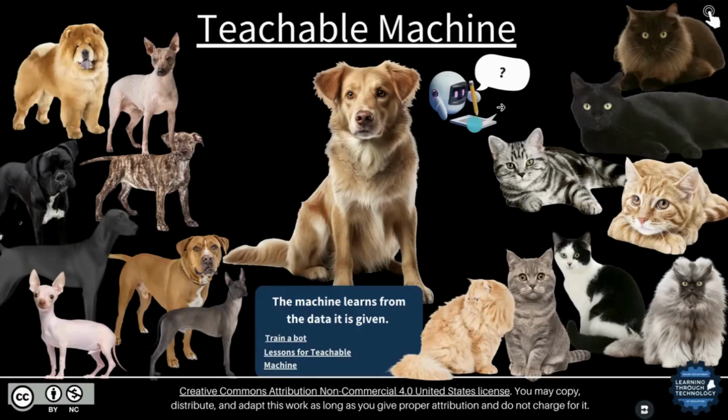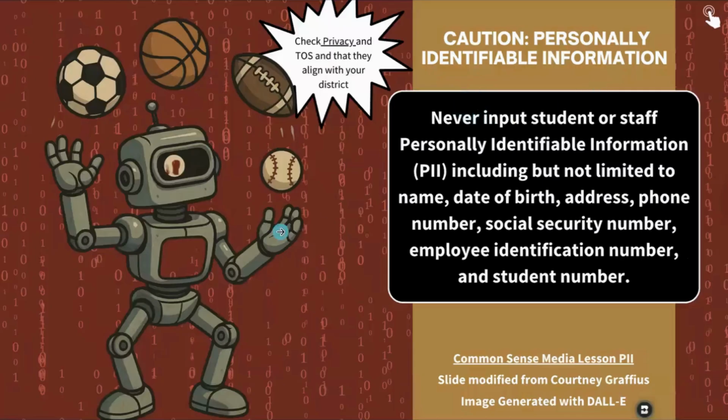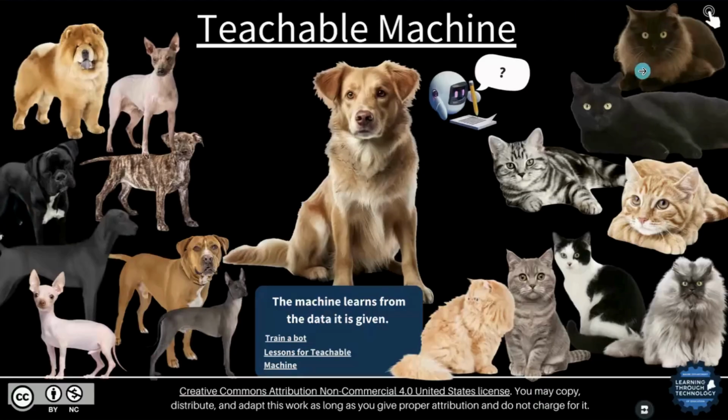Our little AI system only has what we gave it. It has these cats and these dogs. So most likely when you say to the AI, what is this animal, this new one that we've brought into the picture, it's going to say that it is a cat. The reason why is because all of our cats are sitting and all of our dogs are standing.